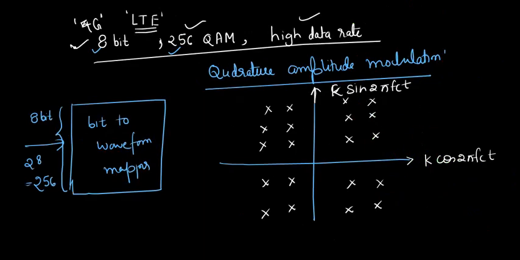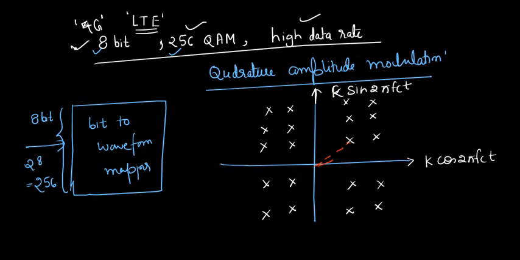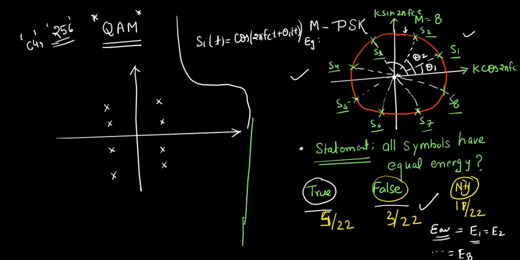But here the information is both in amplitude and phase. As you can see, between these two constellations, the phase is different, yes. The amplitude is different, yes. In all of this, you can see that amplitude is same, only phase is different, right?